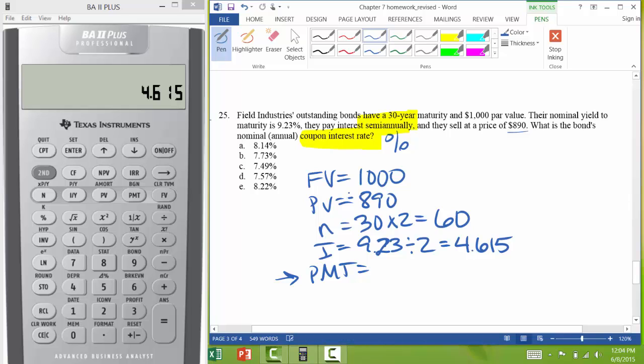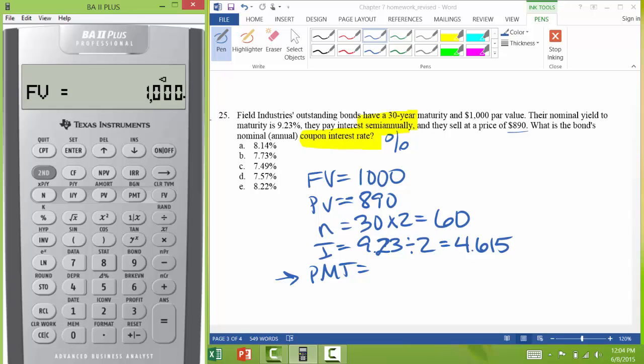So that has to be a negative value so we don't get an error message. And then we'll compute the payment and we'll see how that works out. So $1,000 is the future value. Negative 890 is the present value. 60 is in. 4.615 is I. And we hit compute payment.